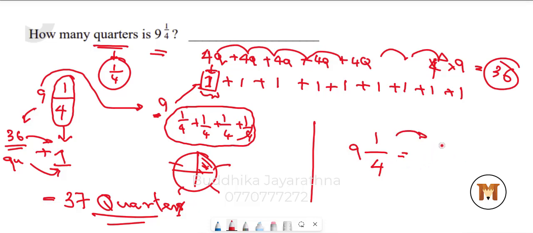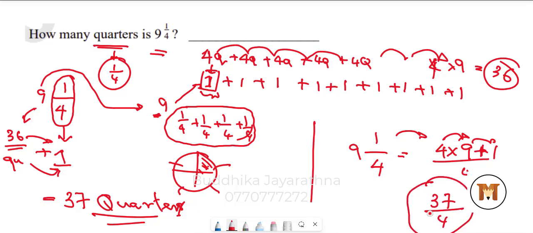To make it improper, I take the denominator, multiply it by the whole number, and then add the balance 1. So 9 times 4 is 36, plus 1, 37/4. This means you have 37 quarters to make this particular fraction.